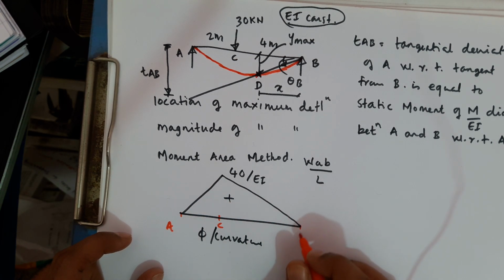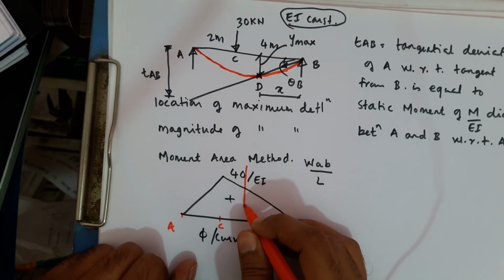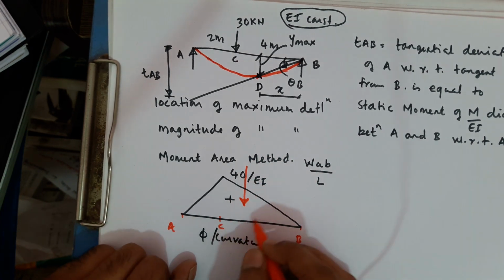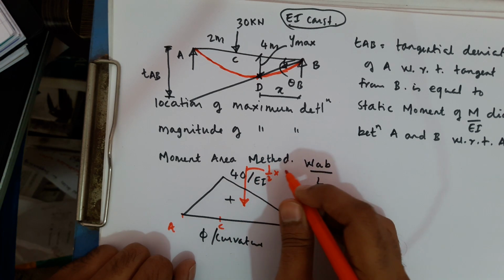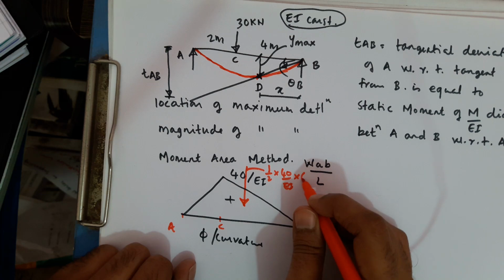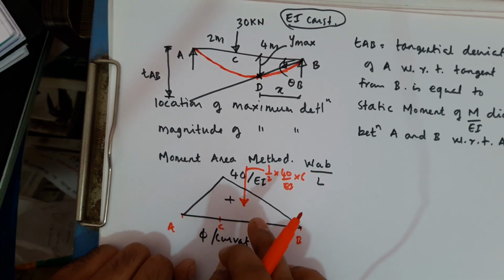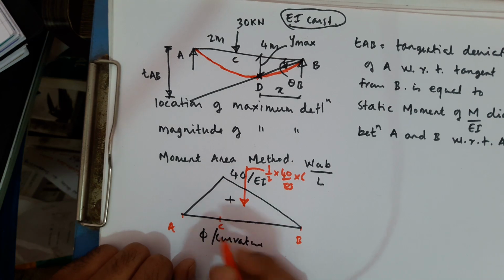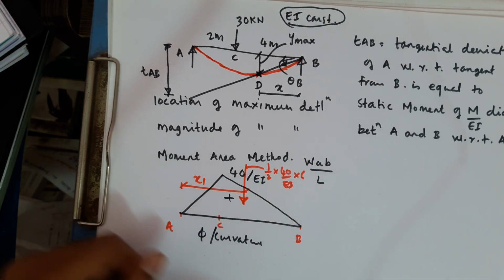This is C and this is B. First you define the total load. Total load will be acting at the centroid of this. Total load is half into 40 by EI into 6, the area of this triangle. Distance from A, I will take this as x1.